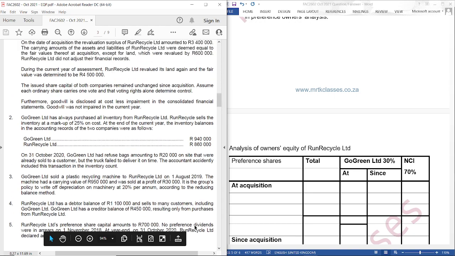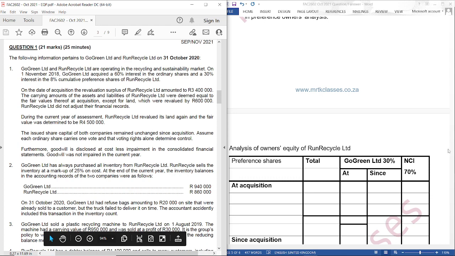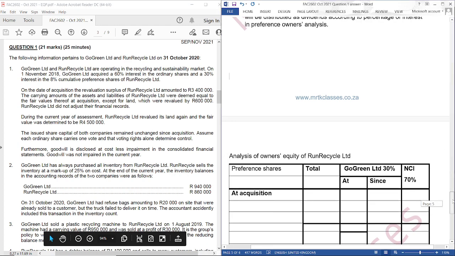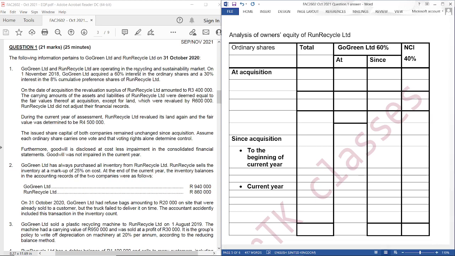All right, so we need to go through transaction number 1. Go Green Limited and Run Recycle Limited are operating in the recycling and sustainability market.